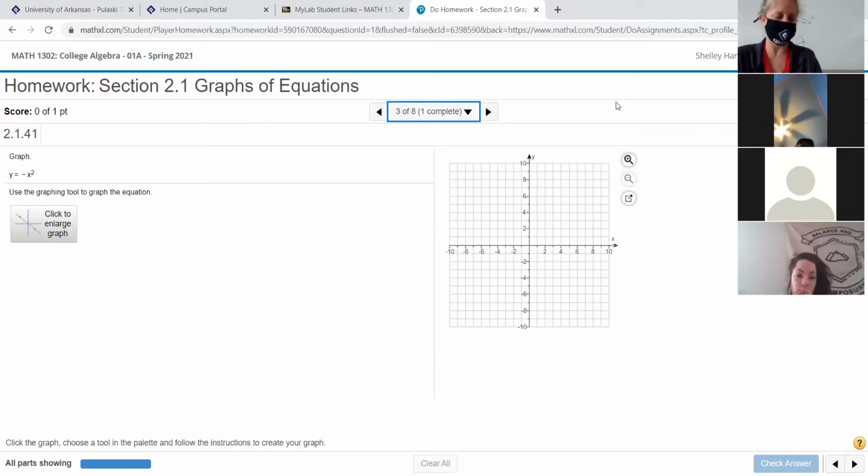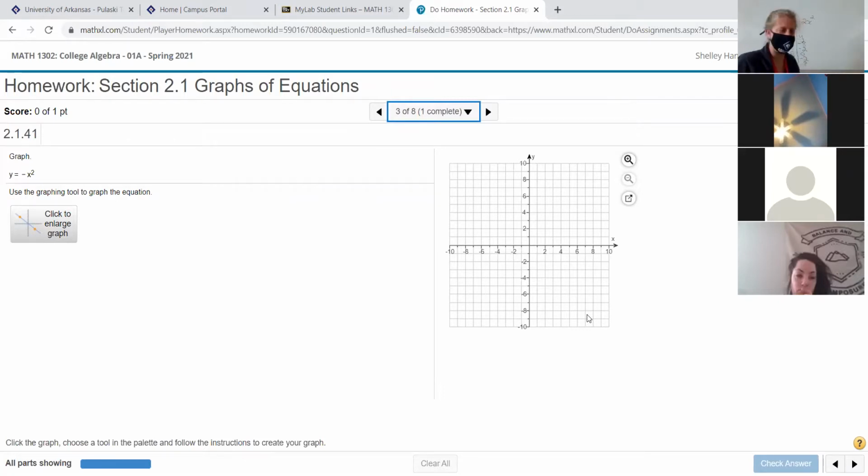Okay, so negative x squared is what I'm graphing. So again, I'm going to graph it just to get an eyeball to tell me what tool to use. So I need to be using that U-shaped tool. Now, second table.